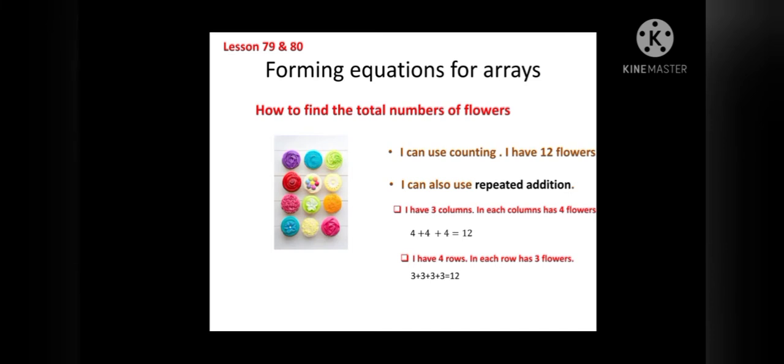So to find the total number, I can use 2 ways. The first way by using counting, the second way repeated additions. And don't forget, this array is called 4 by 3. If you see 4 by 3, it means 4 rows and 3 columns.